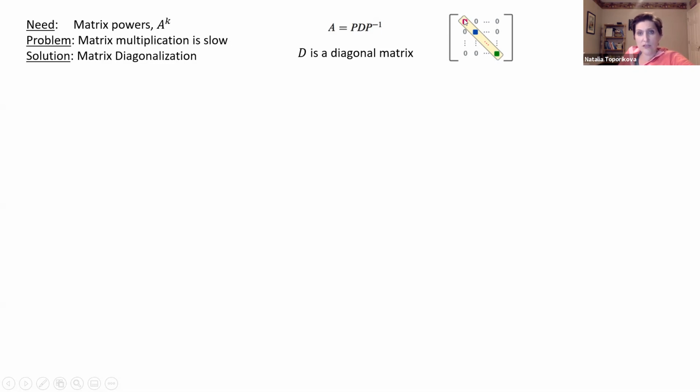This is a matrix which has some non-zero entries along the diagonal, and everything else is zero. And this matrix is really beautiful. It's really easy to raise it to any power K. For example, let's just look at this matrix D. It's, again, a diagonal matrix.